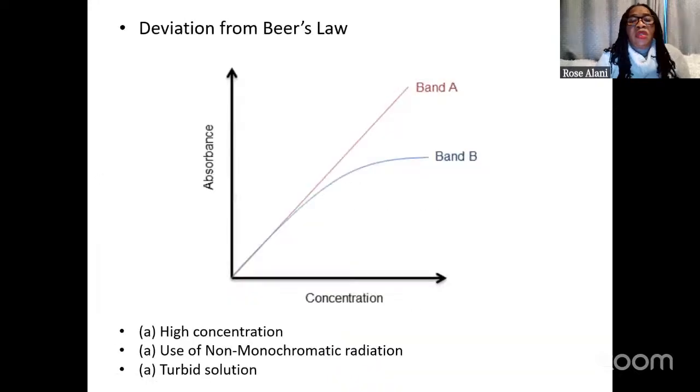Now, deviation from Beer-Lambert's law could occur. Deviation one is high concentration. The solution where you have the analyte must be of low concentration.